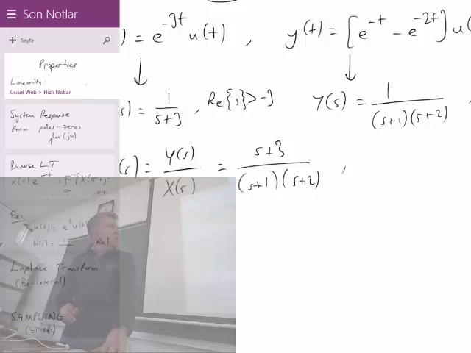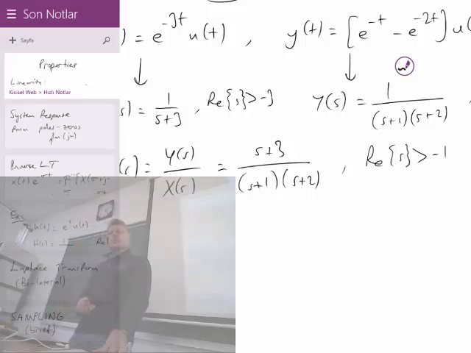Immediately from this expression, there are two poles at minus 1 and minus 2, and we have to choose the right-hand sided version because the input-output relation is right-hand sided input versus right-hand sided output. Therefore, the real part of s should be greater than the rightmost pole, that is minus 1.